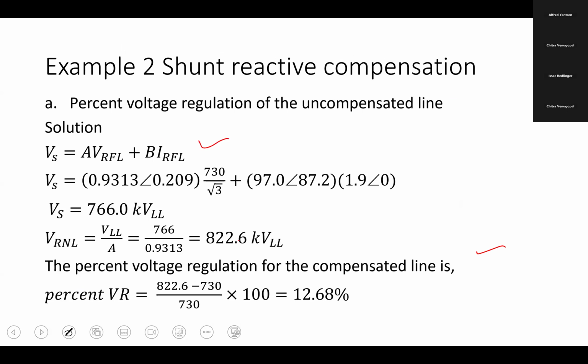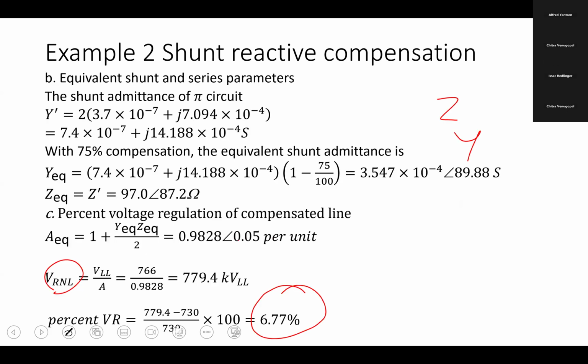So calculate the voltage regulation of the uncompensated line, and then calculate the Z value and Y value. From that you can calculate the L value and C value. So this is the Z equivalent, this is the Y equivalent for 75% compensation.